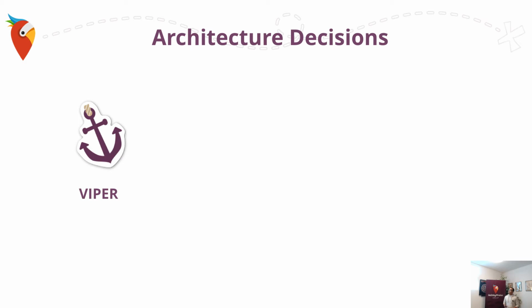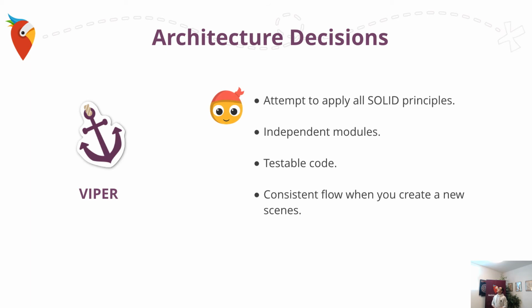I'm going to talk about the two decisions that we went through. First we picked Viper and we started coding, and it was really great. Everything was really nice, and we have testable code right now, and the most important thing for us is consistency. Whenever my teammate, for example, wants to create a new controller or a new screen, now she knows how to create a controller, how to create an interactor and presenter, and how to connect all of that.